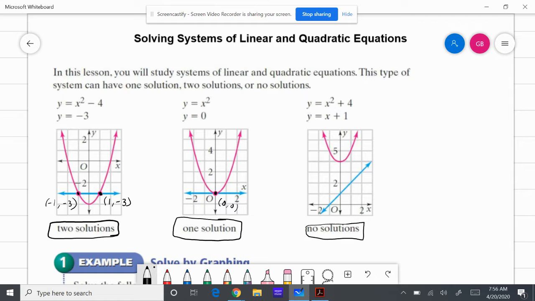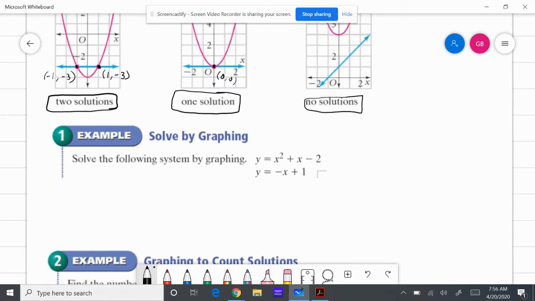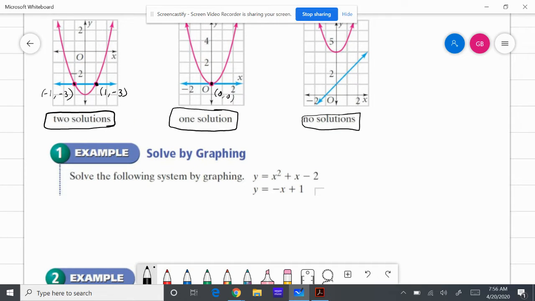So let's go into the examples. This is what your homework is going to look like. Number one, solve by graphing. So you're given the system here. Notice that the first equation is quadratic, and then the second equation is linear.